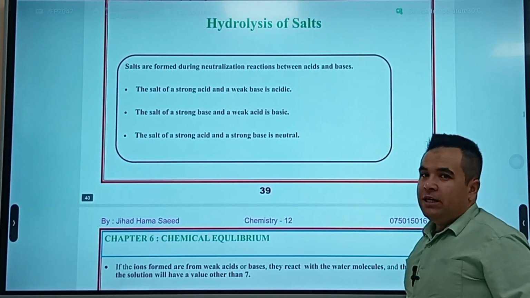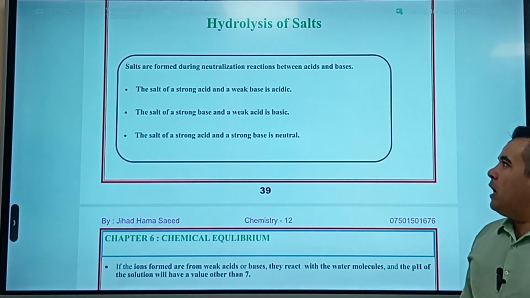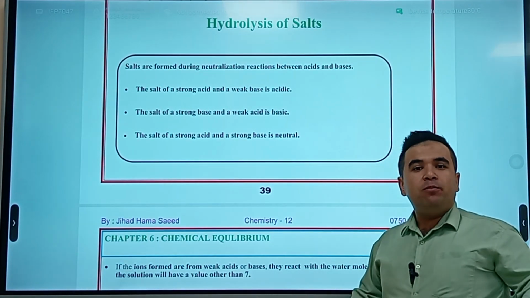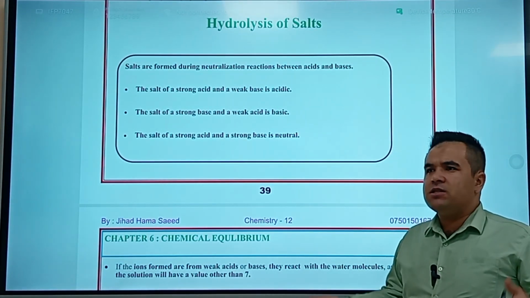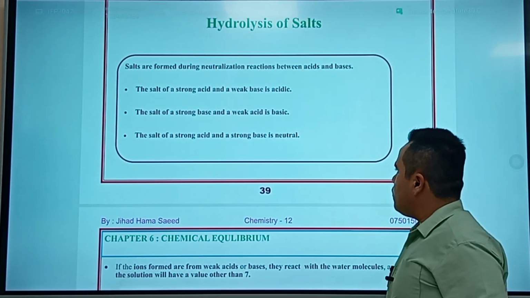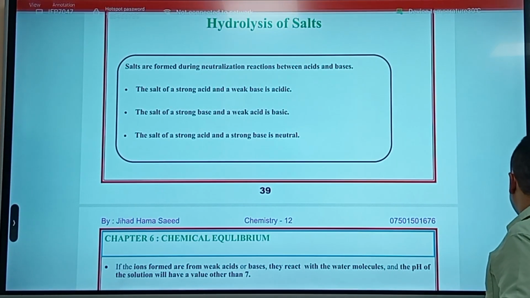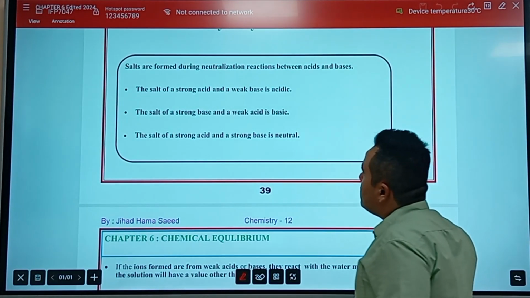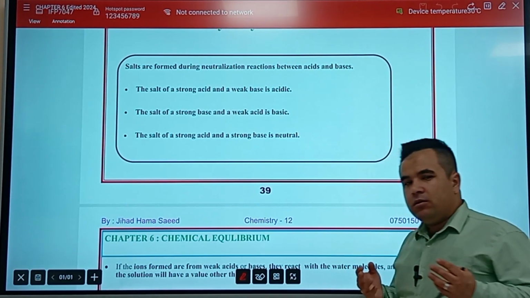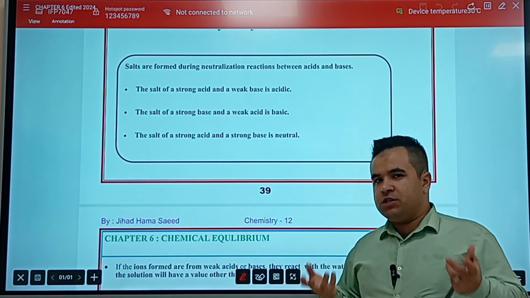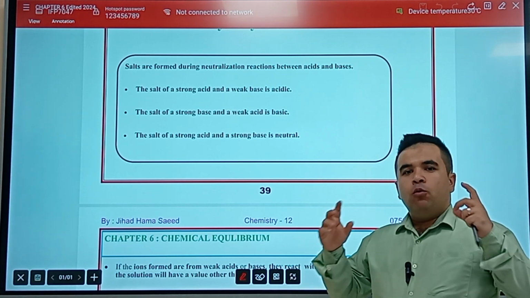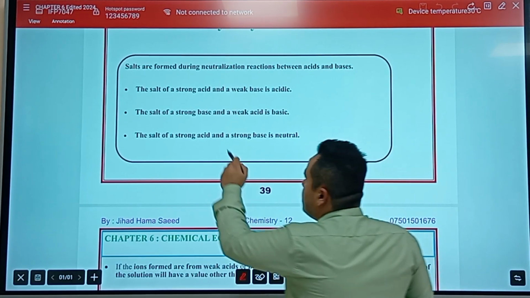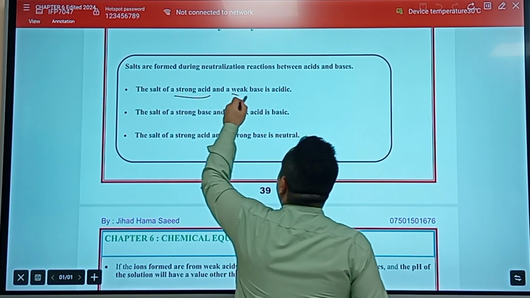Let us talk about the hydrolysis of salts. We'll be talking about the types of salts, what hydrolysis is, and how hydrolysis proceeds in this part. Guys, we defined salts in the previous sessions. We have four types of salts. First, a salt of a strong acid and a weak base.